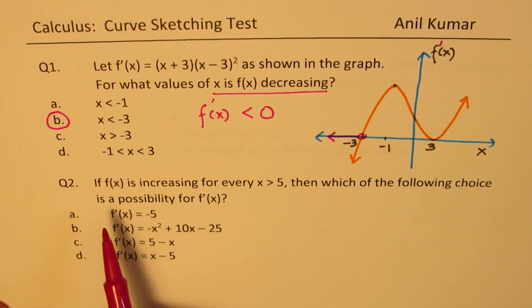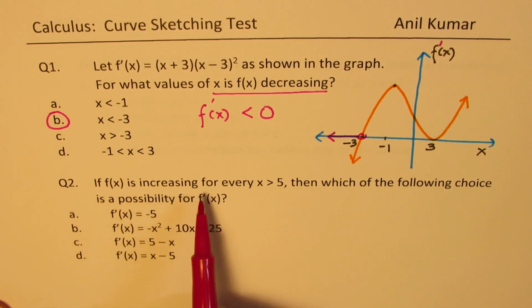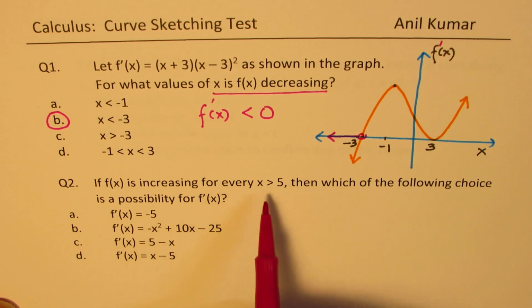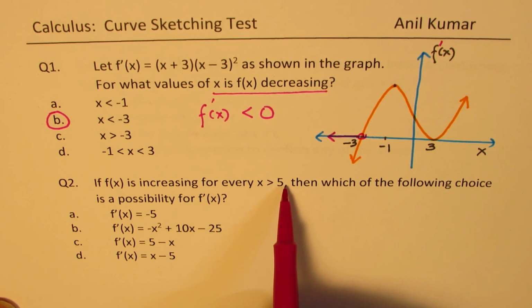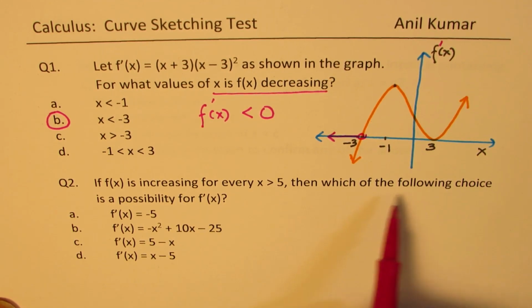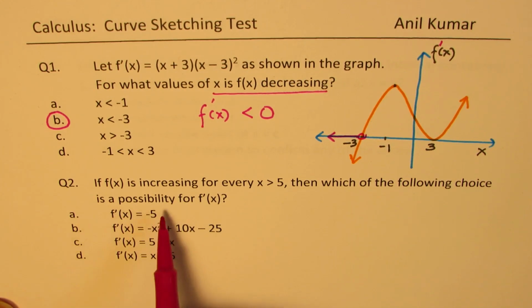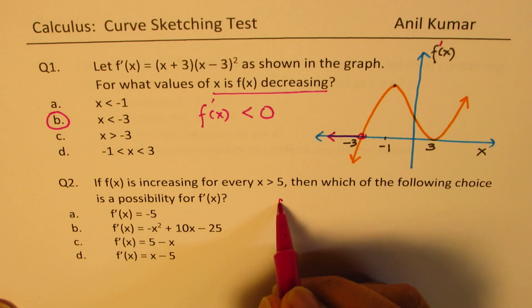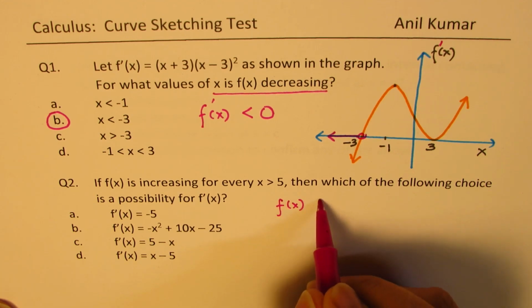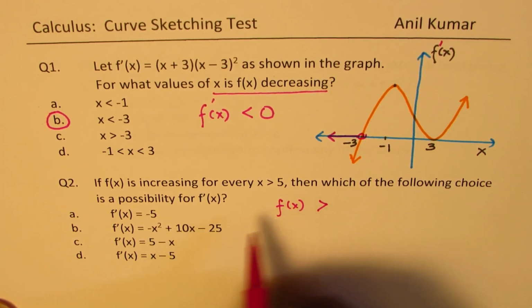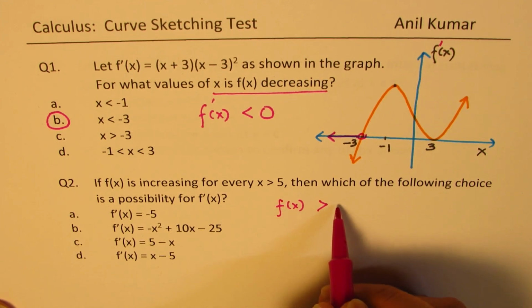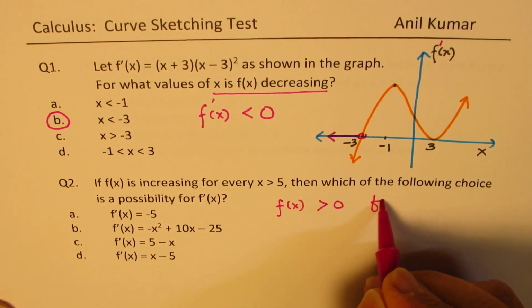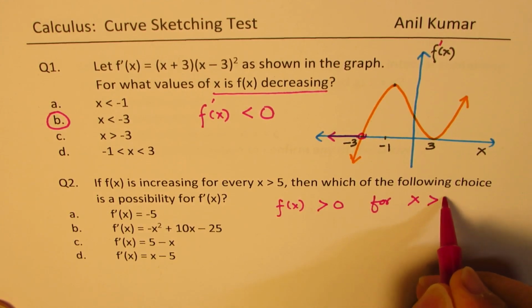Question number 2. If f(x) is increasing for every x greater than 5, then which of the following choices is possible for the derivative, right? So we are saying that f(x) is increasing, right?